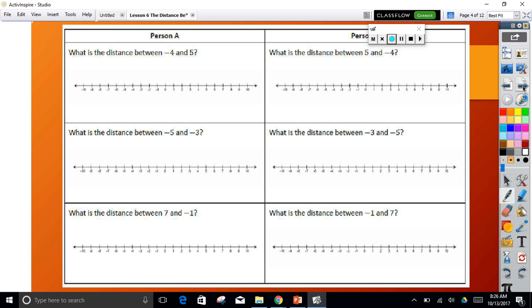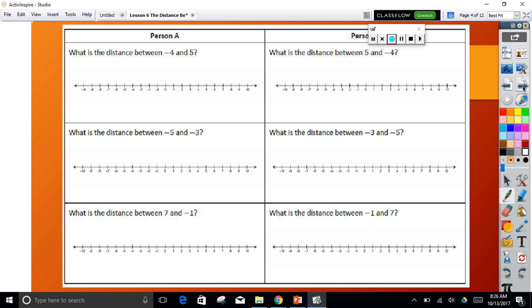All right, so the first example asks person A to do 3 problems and person B to do 3 problems. What you're going to do is plot those 2 points on the number line and just count how far apart they are.